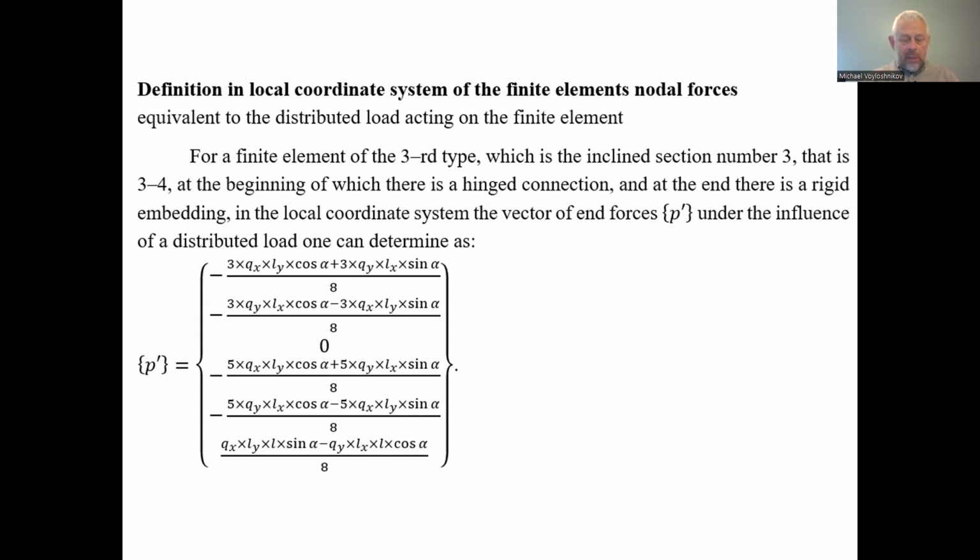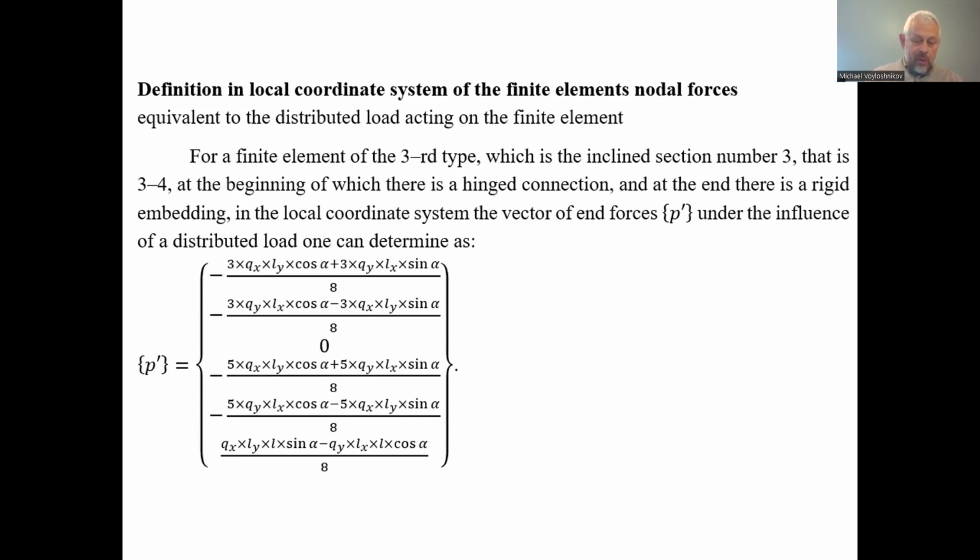And we have a distributed load of two components, the vertical component and the horizontal component, applied to finite element number 3 between node 3 and node 4 in the considered statically indefinable mechanical system.